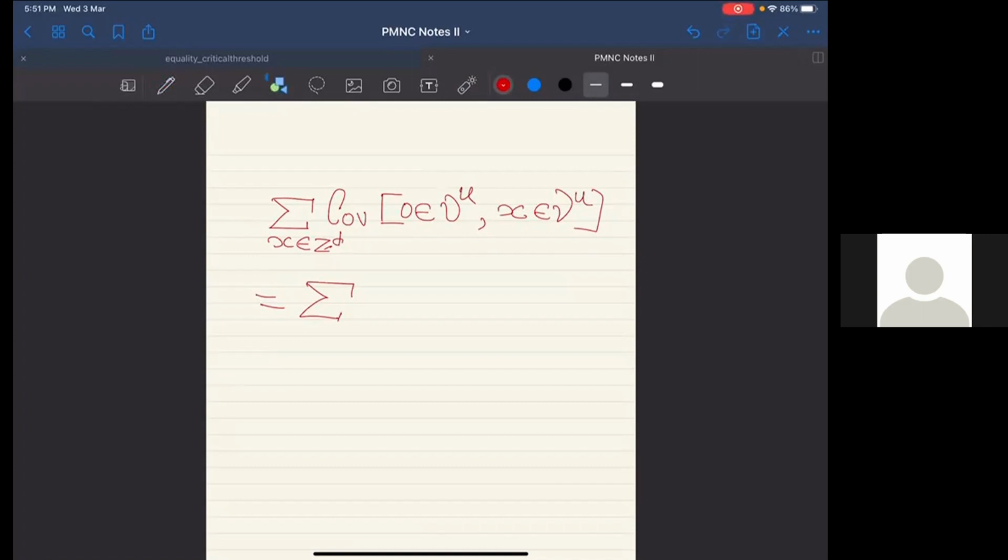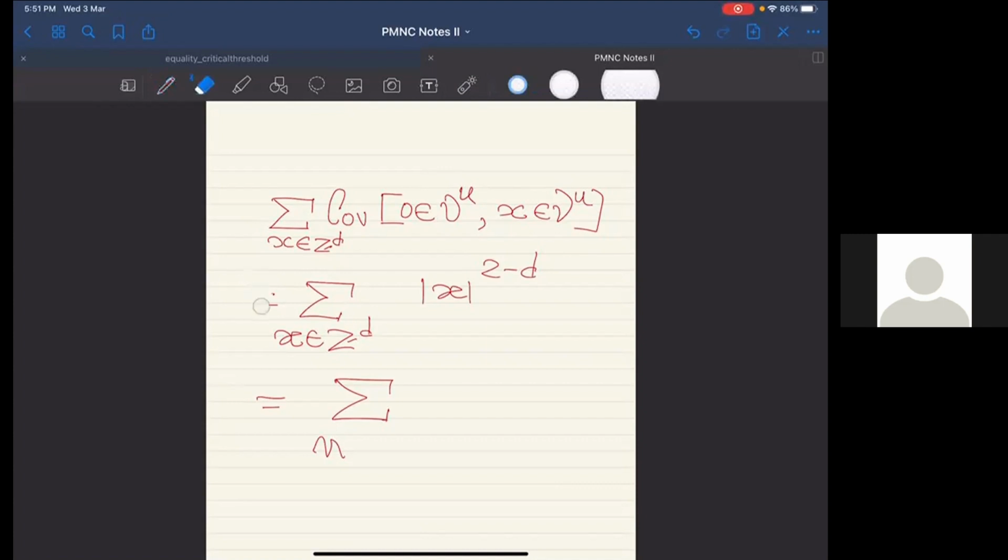Sorry, I'm not very good at this yet, as you can see. Using this, you do the sum of |x| to the power 2 minus d. You just split it into surfaces of radius n. It's not really equal to, of course.